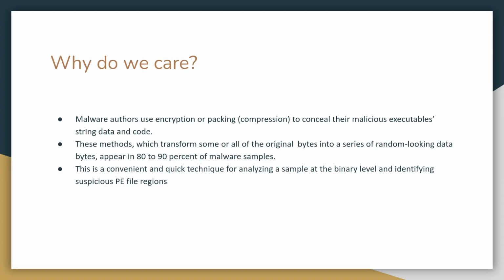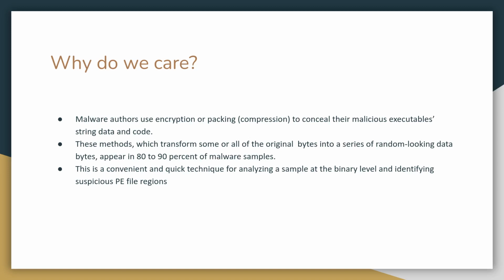Whenever a binary is encrypted or packed, we wouldn't be able to find any of that stuff. This method, which transforms some or all of the original bytes into a series of random-looking data bytes, appears in 80 to 90% of malware samples nowadays. So a lot of hackers, almost all of them, are using packing right now.